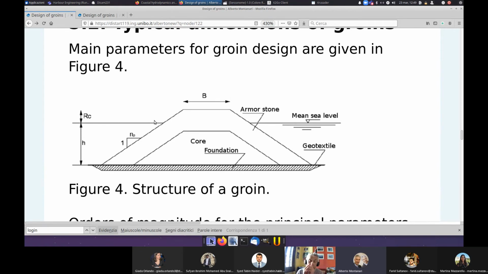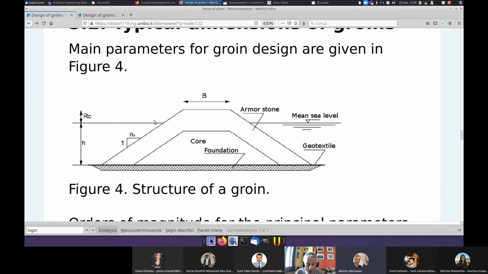And then we have the structure that is formed by a core plus, in this case, a stone groin. So there is a core, which is typically a material with reduced permeability with respect to the stones. And then over the core, a coverage of armor stone is placed.